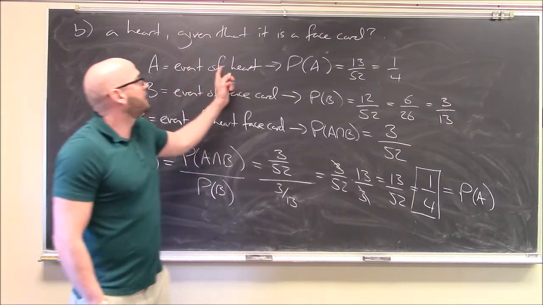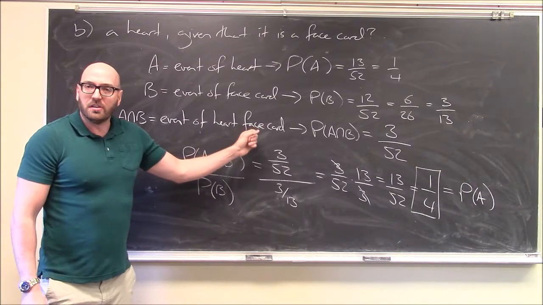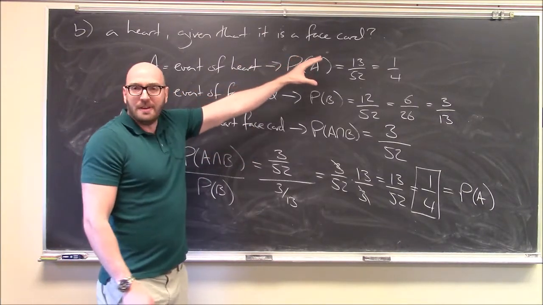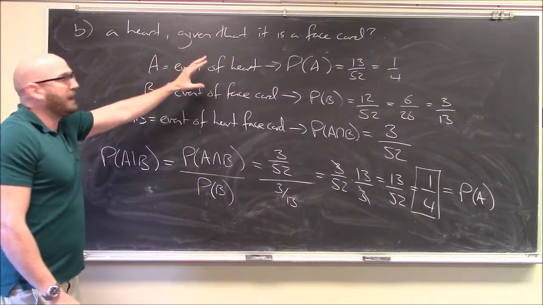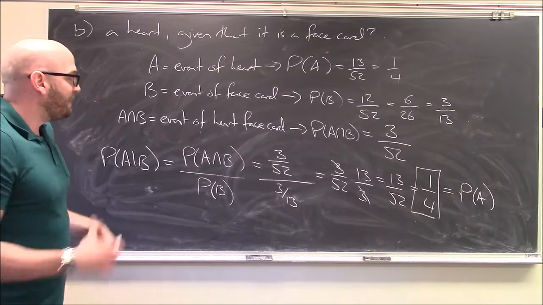Exactly 1/4 of the deck is a heart, and exactly 1/4 of all face cards is a heart. So being told that you've also drawn a face card shouldn't really affect the probability of drawing a heart at all, right? Which means we have a term for this.